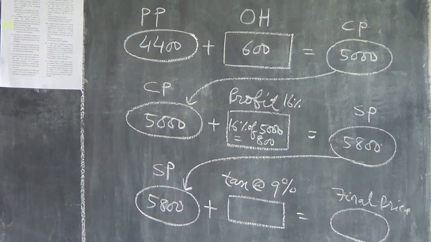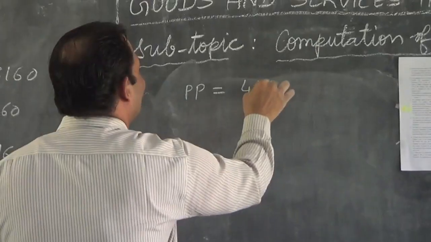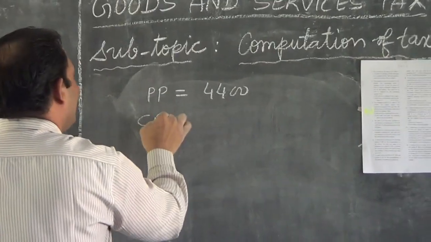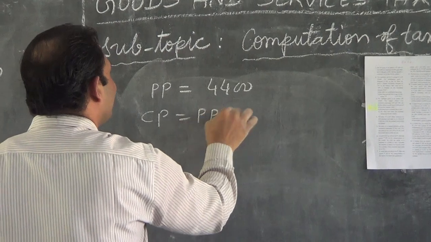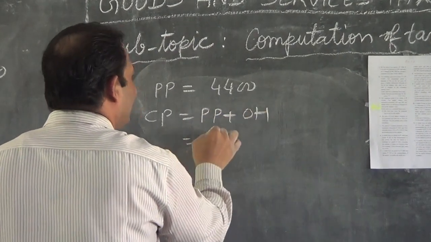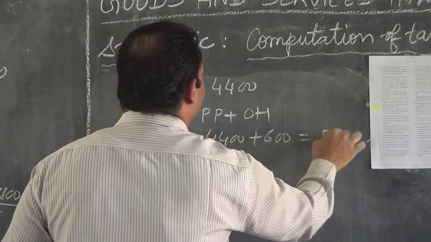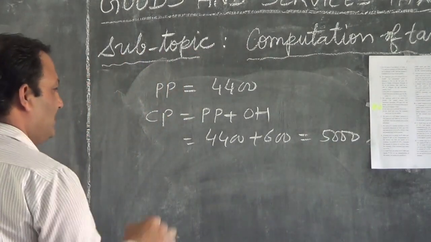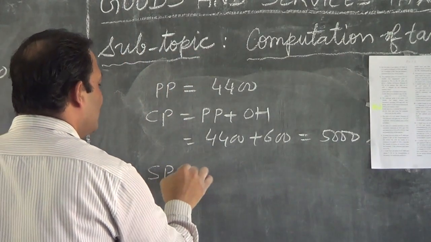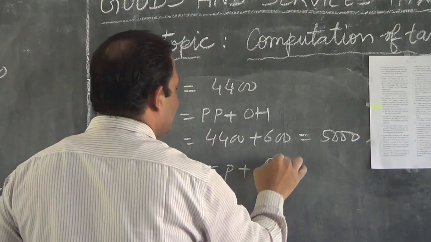So here there is nothing much to do. Directly follow the model. Already I have written everything in the model, but then also like a solution I am writing. Purchase price equal to 4,400. Then CP equal to purchase price plus overheads, that is 4,400 plus 600, that is rupees 5,000. Then you can do here SP equal to CP plus profit.